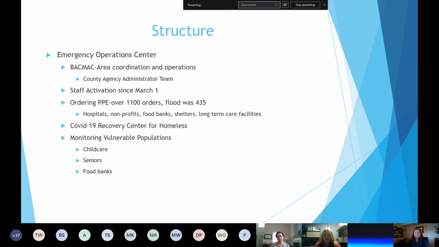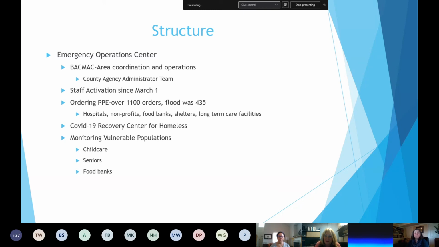In the flood, for instance, they did 435 orders during the 2 weeks that they were activated here at the EOC. And we are still activated. I think we're on our 9th week of activation. And our resource ordering section has filled over 1,100 orders. So that's a lot of ordering that's happening.